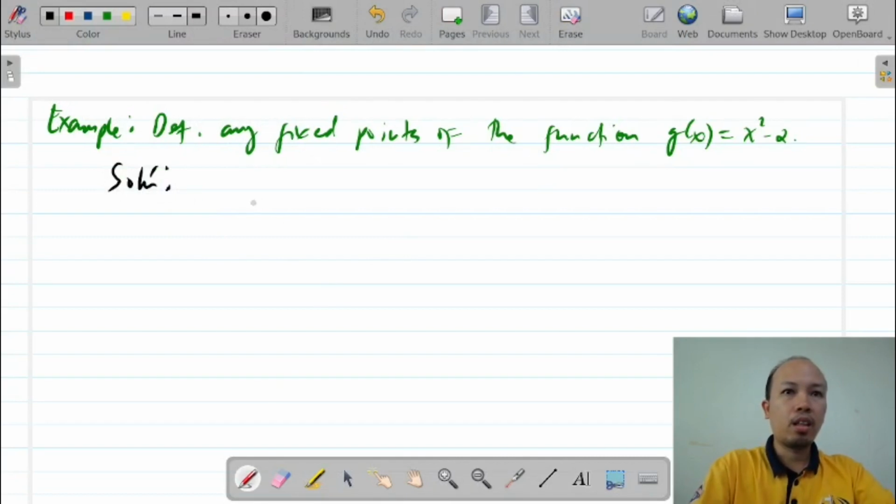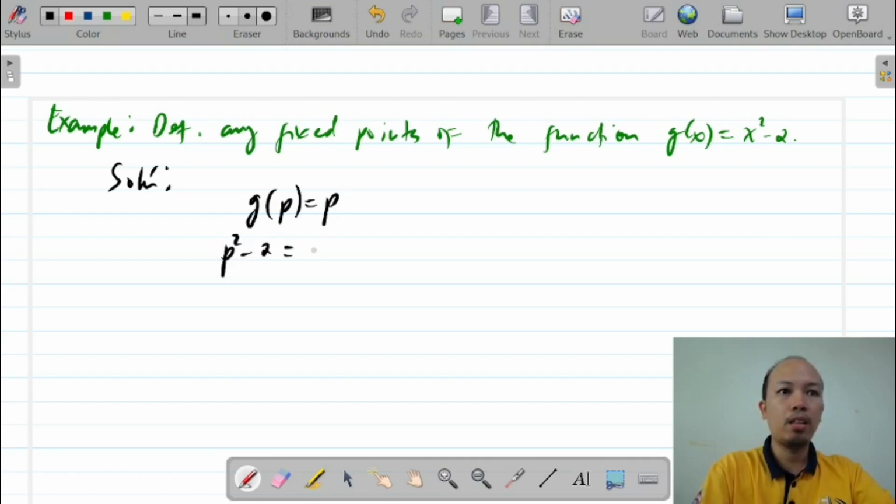Since our function is g, we will use the notation g. G of p is equal to p. So this one here we have p squared minus 2 on the left side is equal to p. So we have here p squared minus p minus 2 is equal to 0.